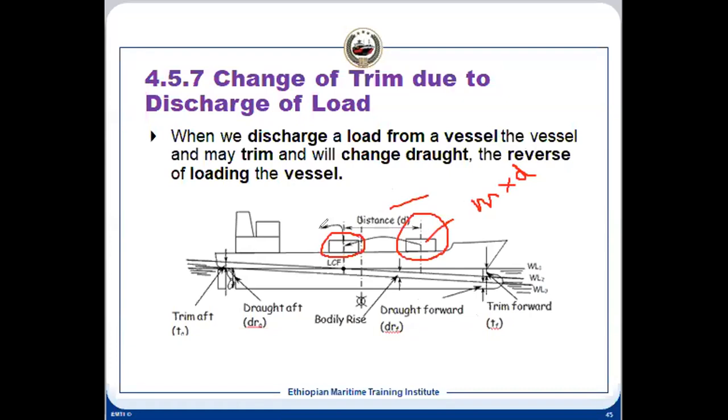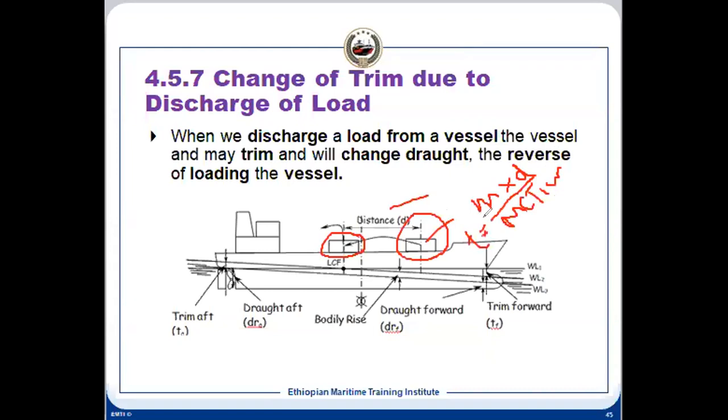So once it has shifted here, we know the trimming moment, and if we know the MCT 1 centimeter, dividing by MCT 1 centimeter, we can calculate how much trim it will cause. So you will get the T.